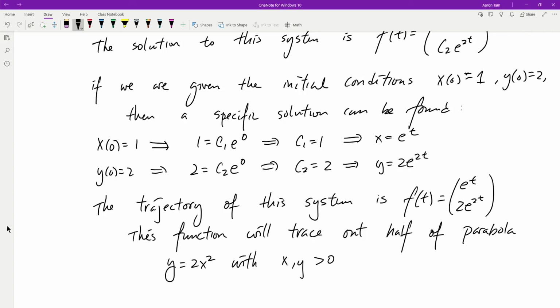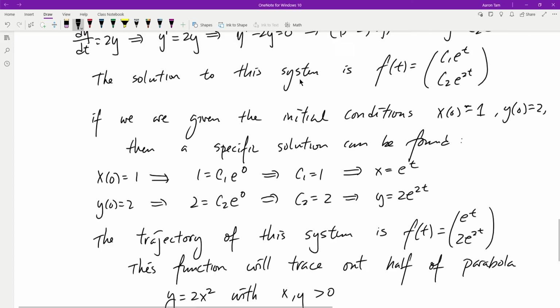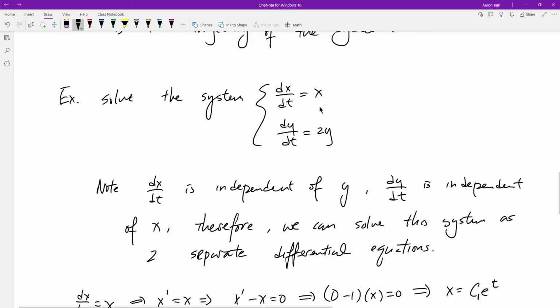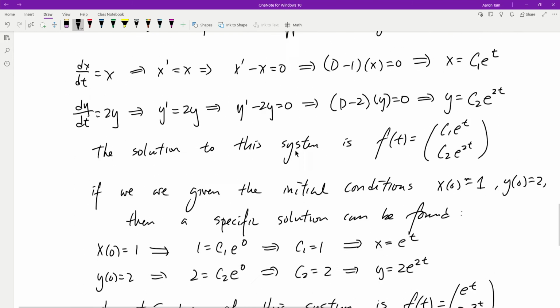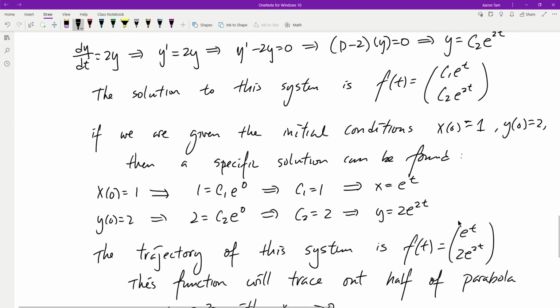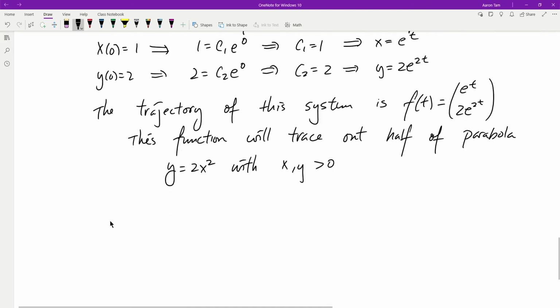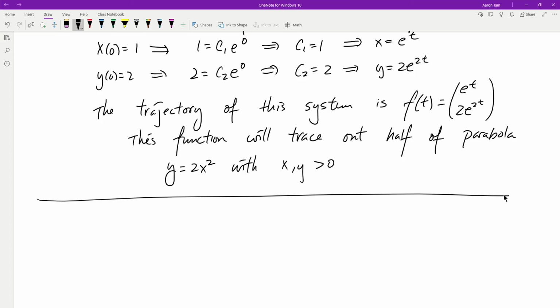So now comes the big question. That example right here illustrates the solution to a system of two differential equations, which forms a function that went from R1 to R2, which forms some kind of curve on the xy plane. And of course, before we actually get into harder differential equations, let's talk about what we just did.